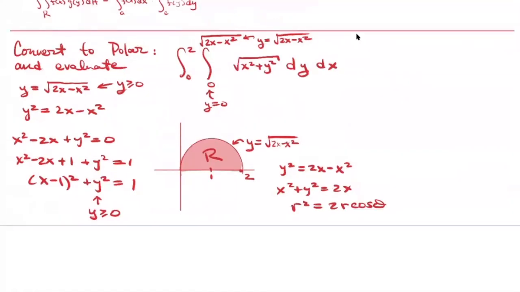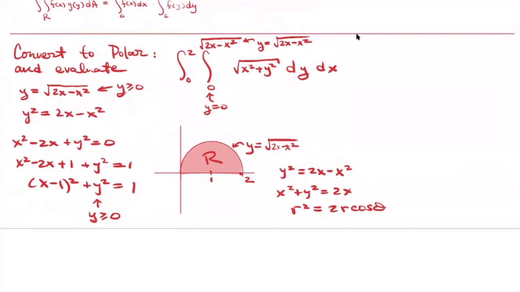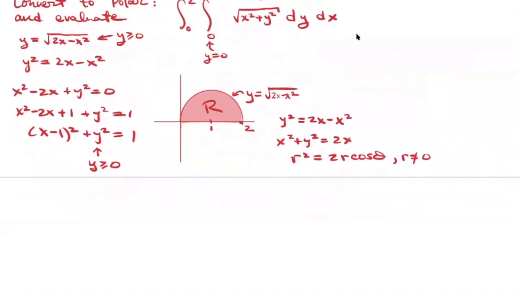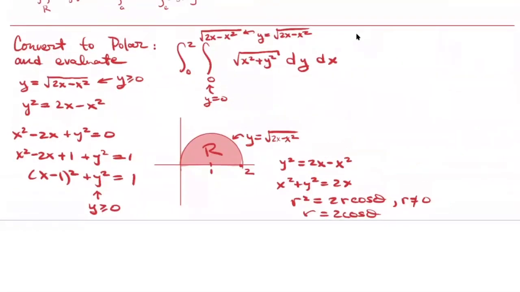I suppose you want to stipulate that r is not 0, we don't want r just to be 0, so we can divide it out and just say r is 2 cos theta. So that curve is also r equals 2 cos theta.